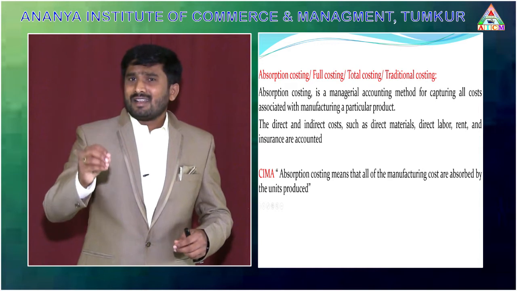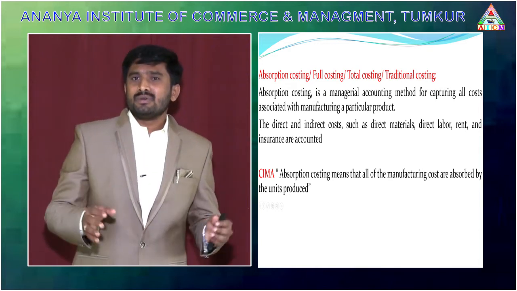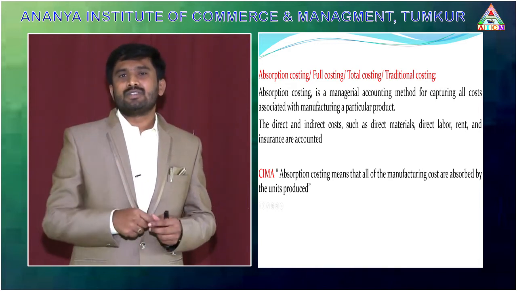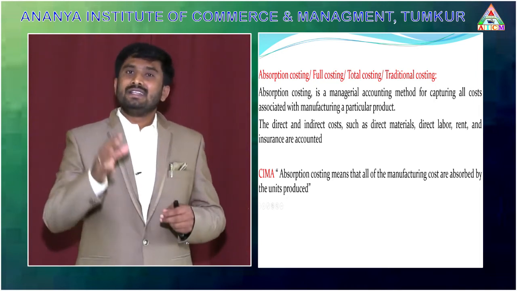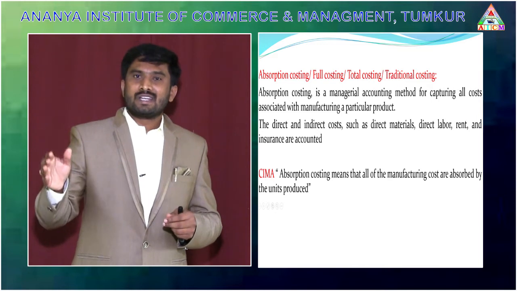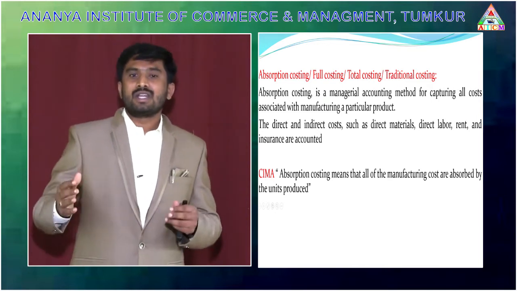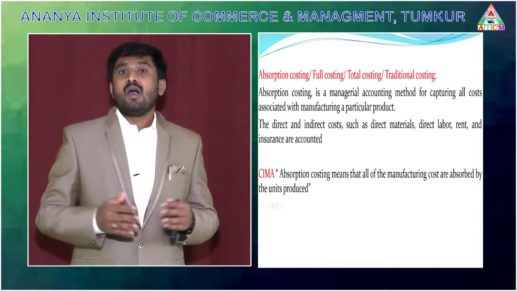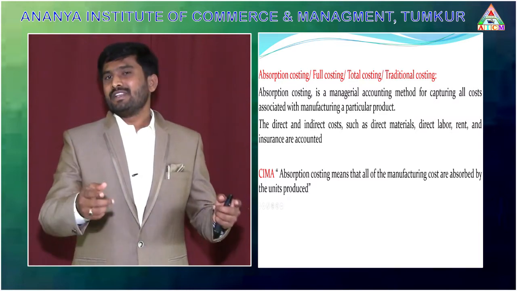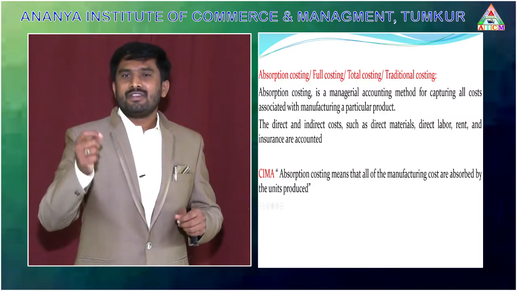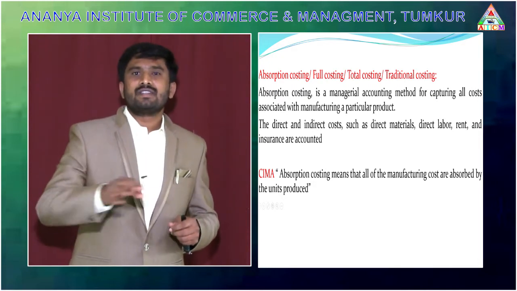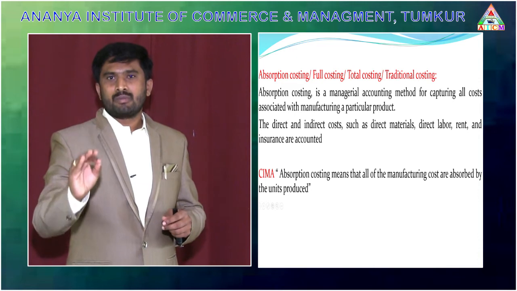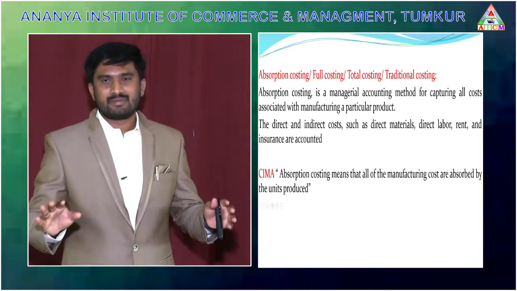Then there are other terms also used to identify absorption costing. Absorption costing is also termed as full costing, traditional costing or total costing. The name itself suggests that here we take into account variable cost as well as fixed cost for producing a particular product, which is called absorption costing.